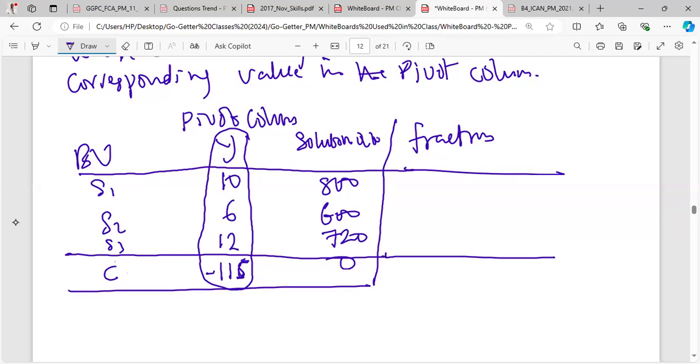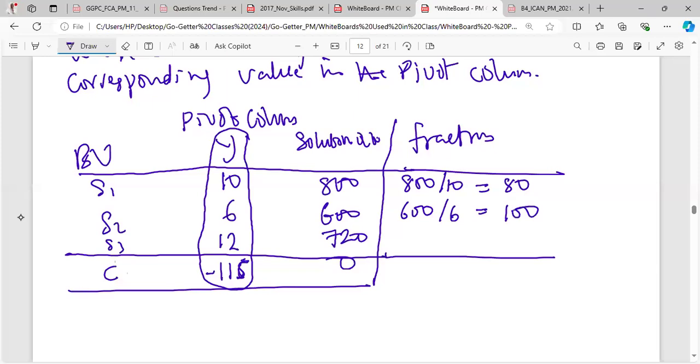Now, how do we choose who is the winner? We simply say 800 divided by 10. That will give me 80. Then we have 600 divided by 6.